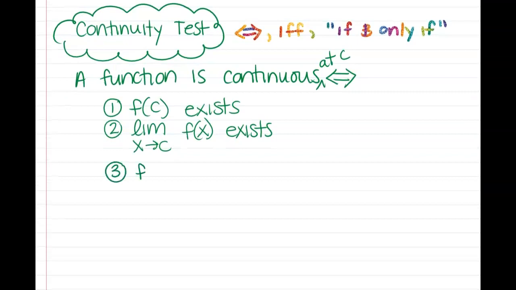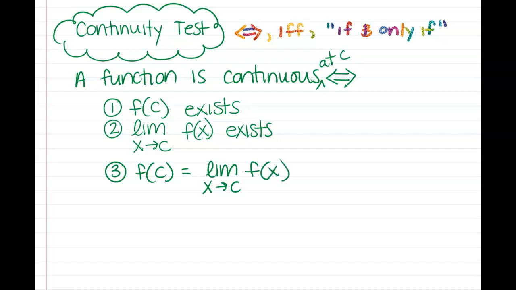And number 3, that f of C is equal to the limit as x approaches C of f of x. All 3 of those conditions must be true for a function to be continuous. So today we're going to be looking at this in terms of a graph.